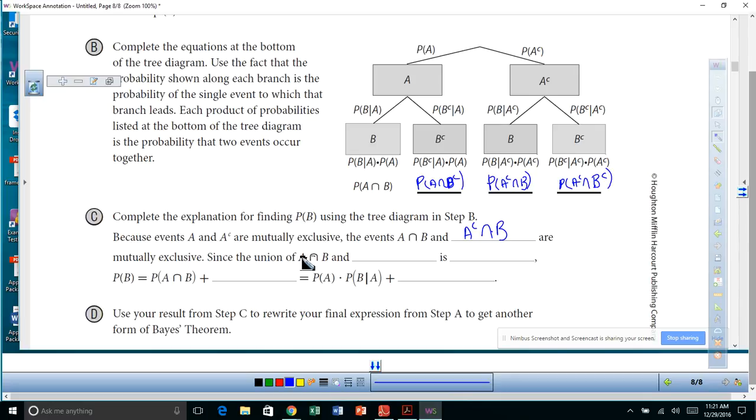Since the union of A intersection B and A complement intersection B is B, the probability of B equals probability of A intersection B plus the probability of A complement intersection B, which equals probability of A times the probability of B given A plus the probability of A complement times the probability of B given A complement.